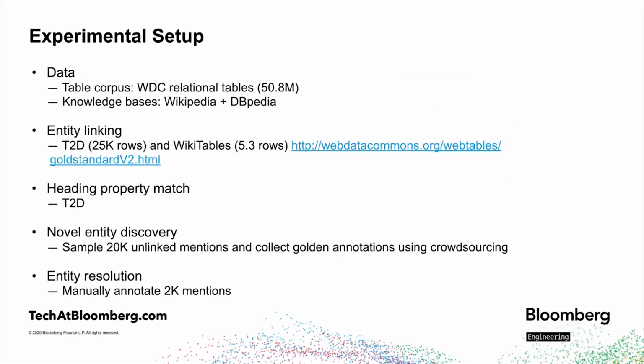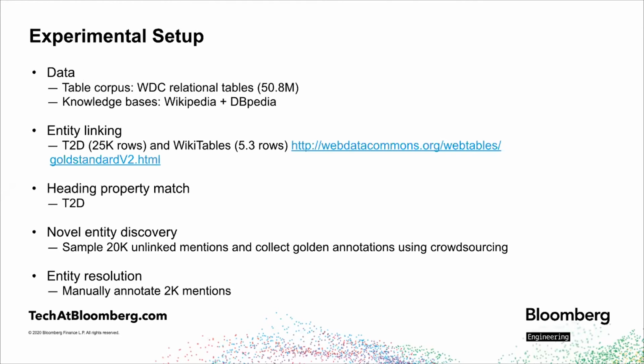Now I will give you a very fast introduction about how we did the experiments. The data we use is WDC relational tables, which has 50.8 million tables, and we use Wikipedia and DBpedia as a knowledge base. For linking and heading property matching, we consistently use T2K, which is a public test collection gold standard. You can keep using it. Here's one suggestion.